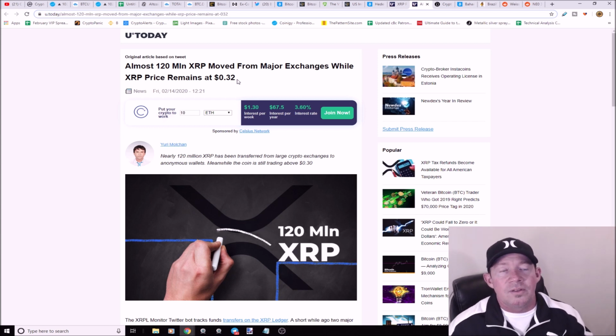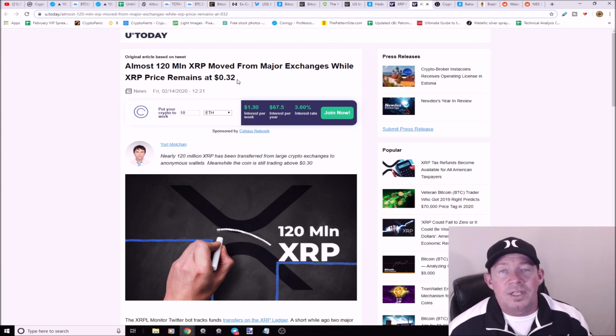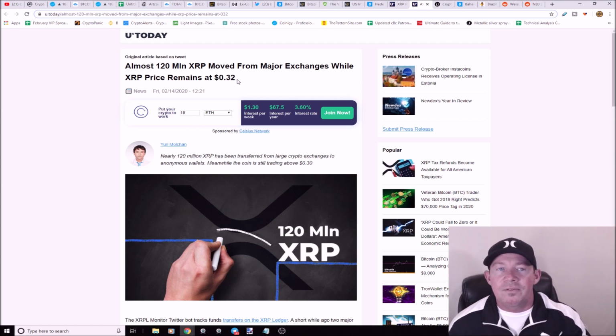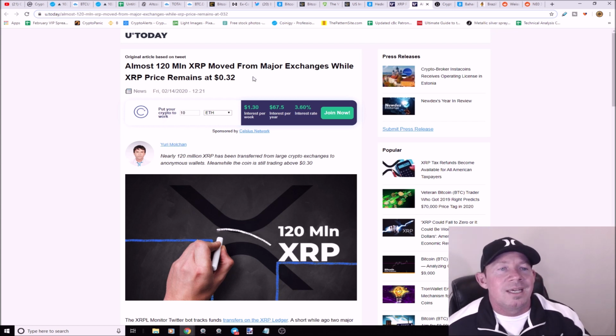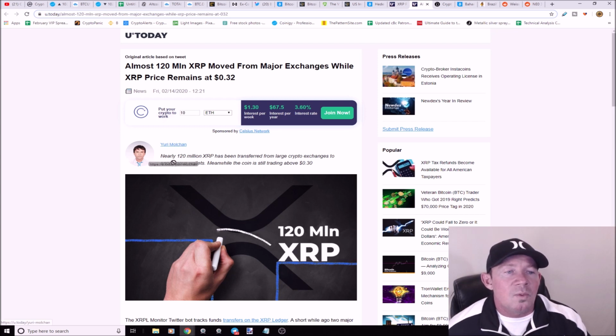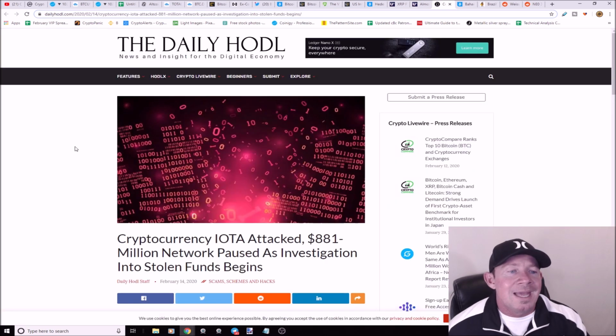It incites emotion, fear potentially in us. Like a lot of this stuff, if you try to understand, well, it's fear, uncertainty, and doubt. FUD, we talk about it a lot, but sometimes all these big transfers are done on purpose. And here it says these are anonymous wallets. So what are you going to figure out from an anonymous wallet exactly? Why are they sending? Could be one exchange just reorganizing their cold storage.